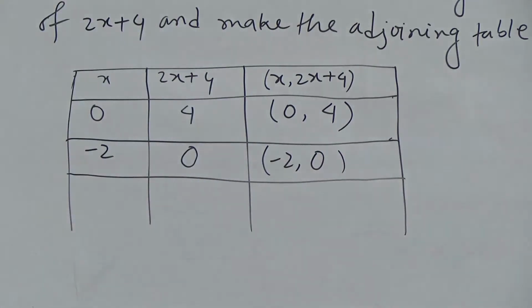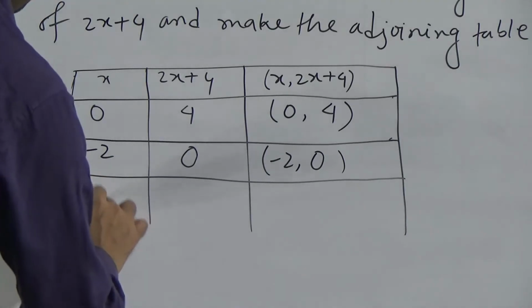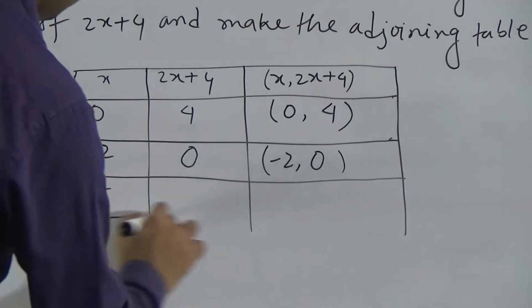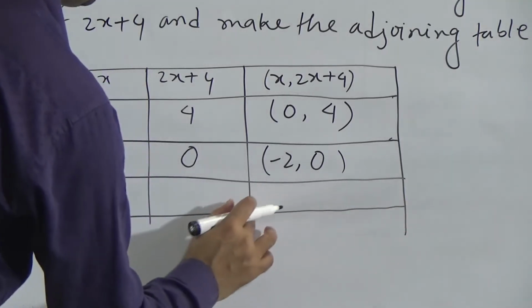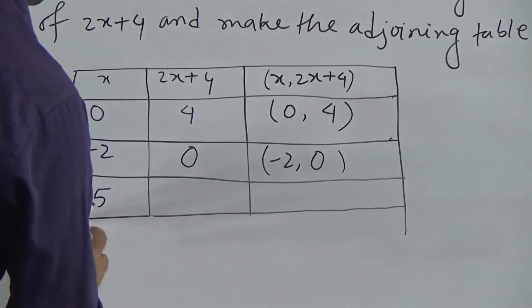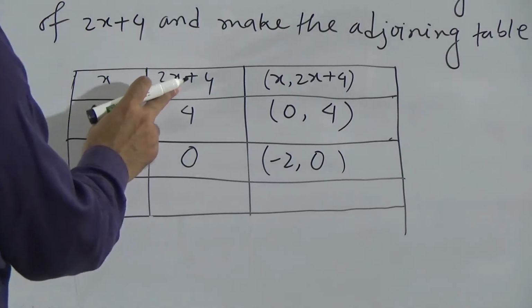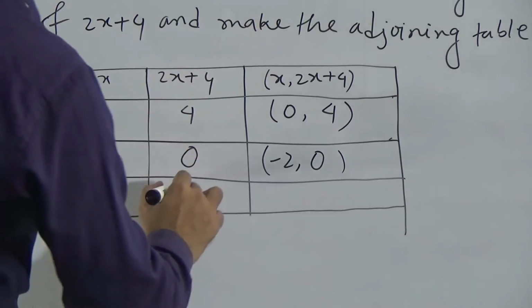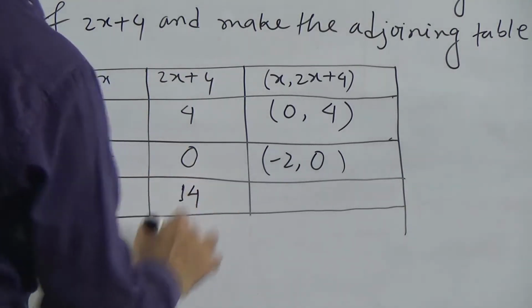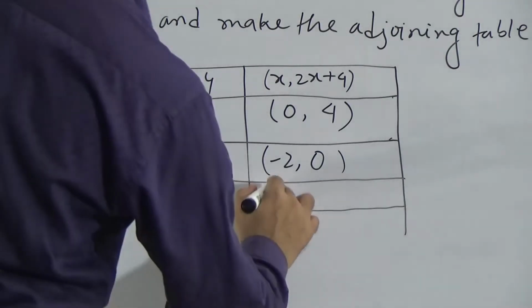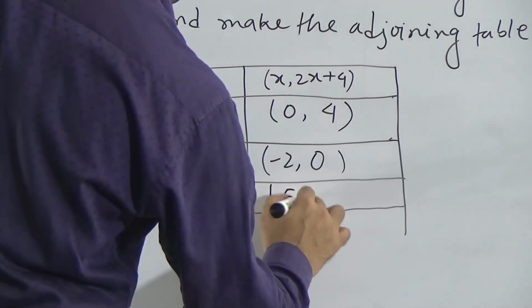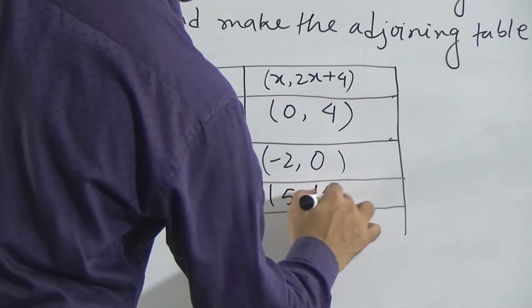Okay, now see, last point we can take any number, suppose 5. If we take 5, what we will get? 5 twos are 10, 10 and 4 is 14. So the point will be 5, 14.